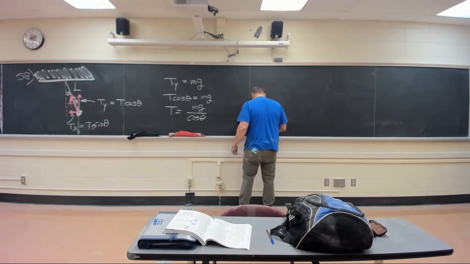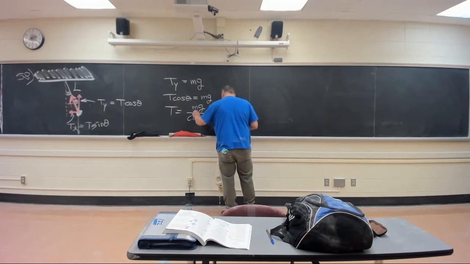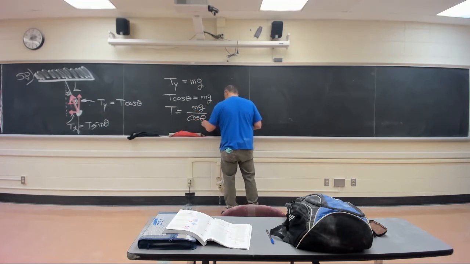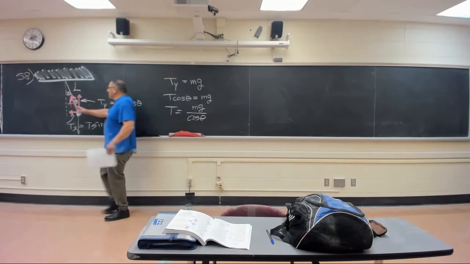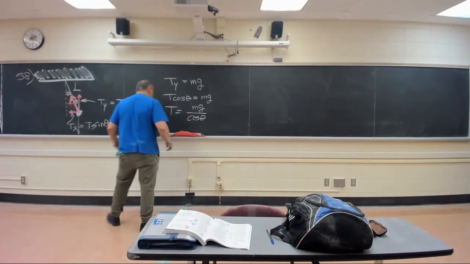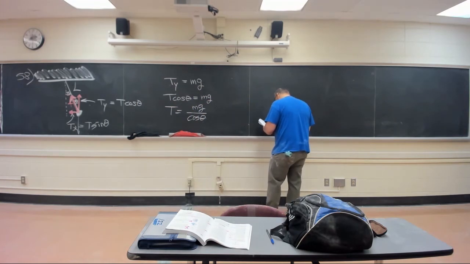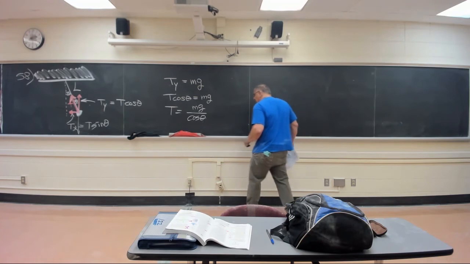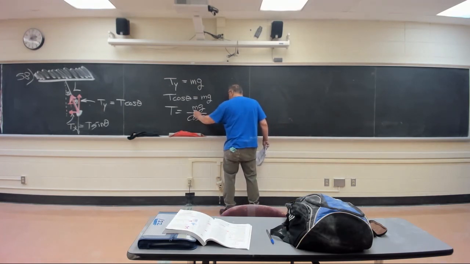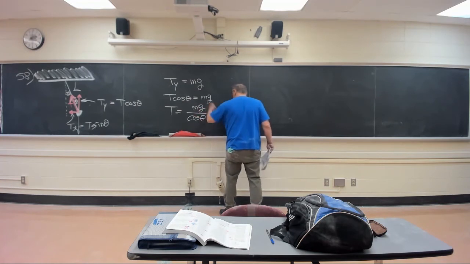Well, this right here is 2 grams, which is 0.002 kilograms. This is 9.8 meters per second per second. This is the cosine of 15 degrees. Remember, this is 15 degrees, this is 15 degrees. So you plug in the numbers here. Do all the mathematics.